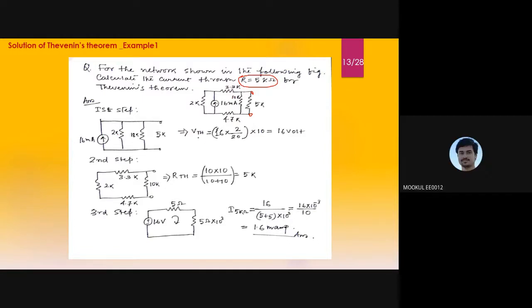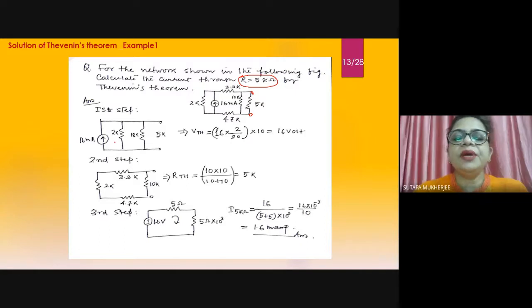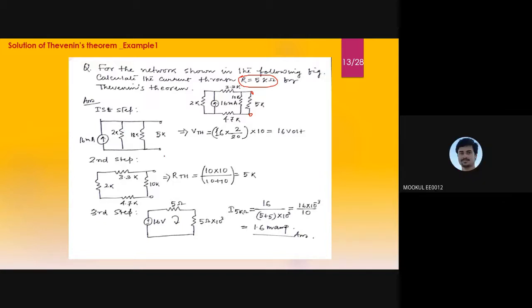Now 16 milliampere will be divided into these two branches. So what will be the drop across the 10K load? Ma'am, 10K into the resultant current.